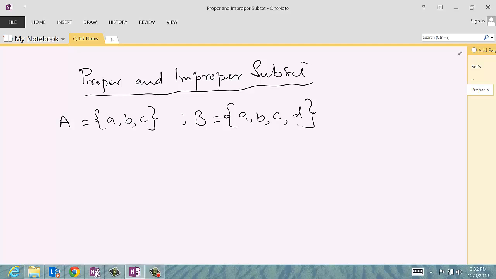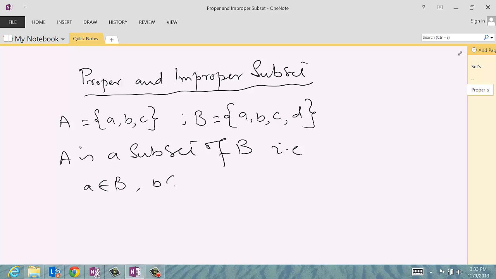Then clearly from the definition of subset, A is a subset of B, because every element of A is a member of set B. For example, a belongs to B, b belongs to B, and c belongs to B. It means every element of set A is also an element of set B.